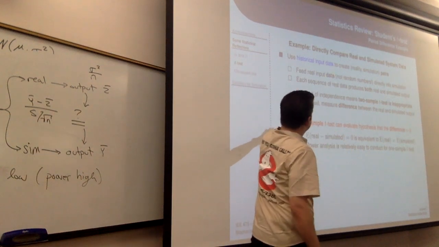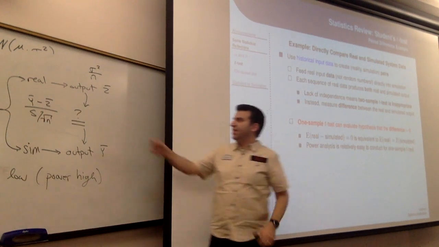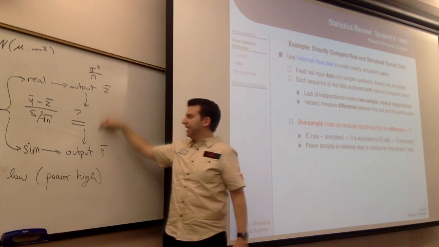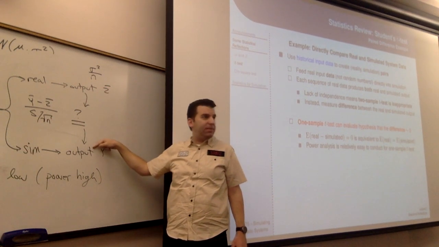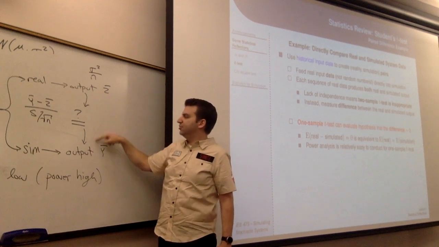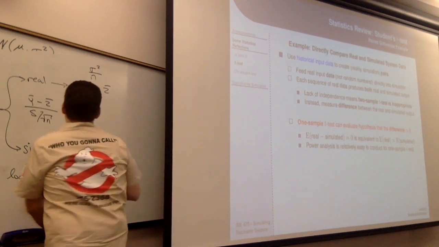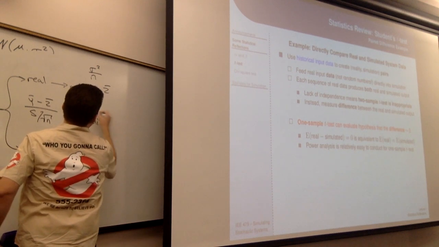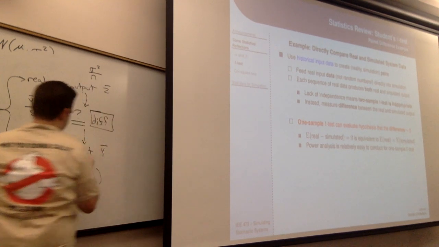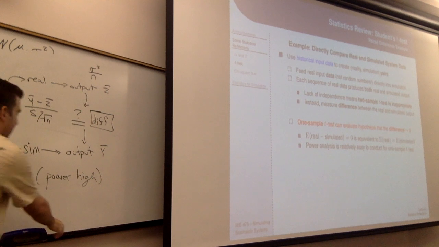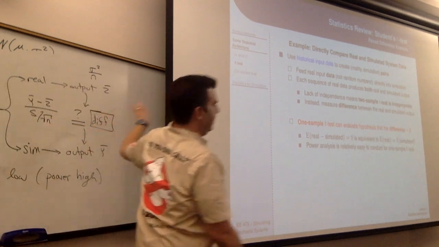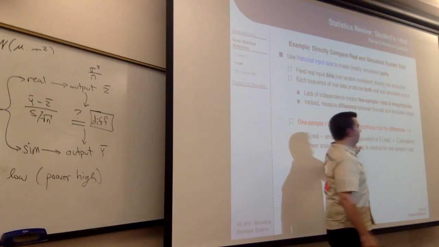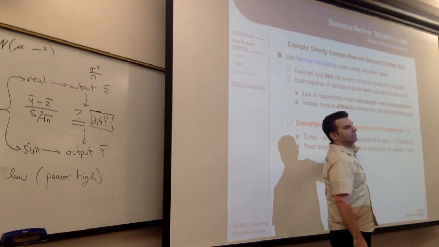So what I'm going to do is, since every output in the real world has a corresponding output in the simulated world, I'm going to subtract these two and get a difference. And those differences are the real outputs that I am going to test. And so I want to see if the string of differences that I get out of here, I'm going to test it against the hypothesis of a zero mean.